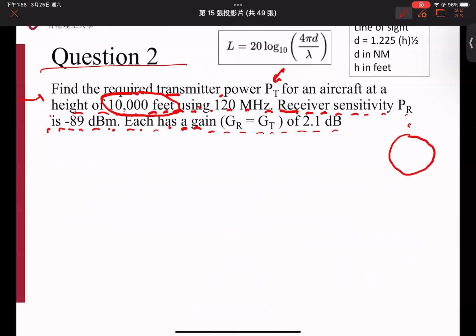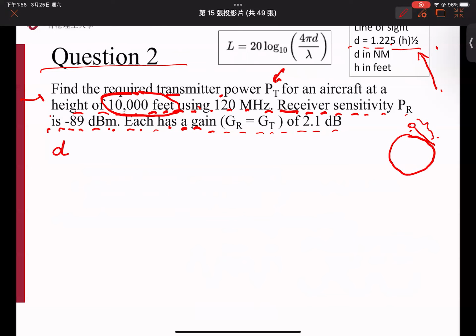If our aircraft is somewhere at a height, the communication range actually has a certain characteristic. And this communication range characteristic is modeled by this. We have the line of sight signal, and it needs to fulfill this kind of equation, right? So with this equation, we have the height in here, and we can calculate the communication distance.